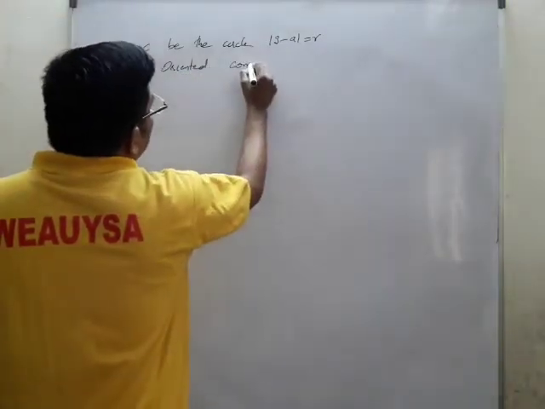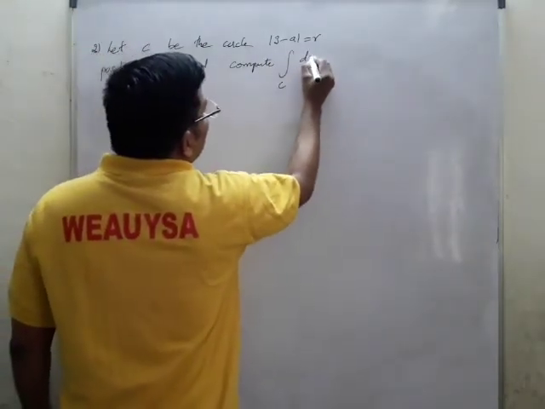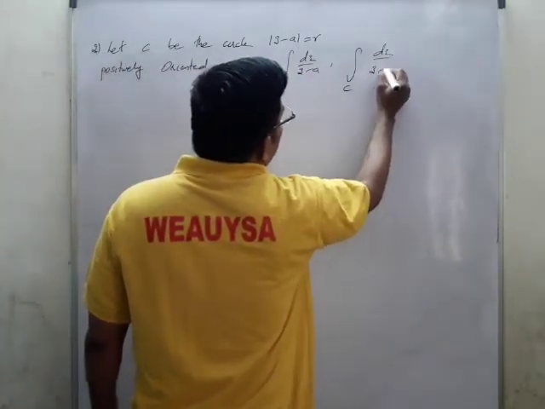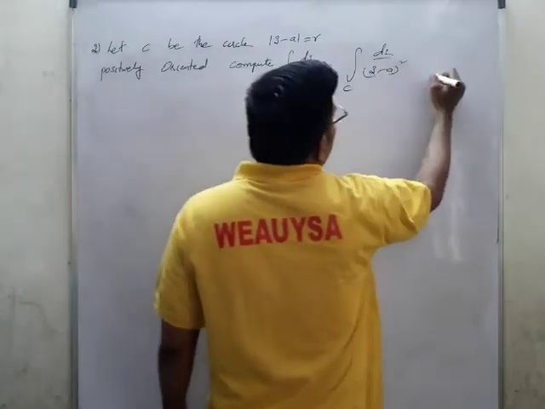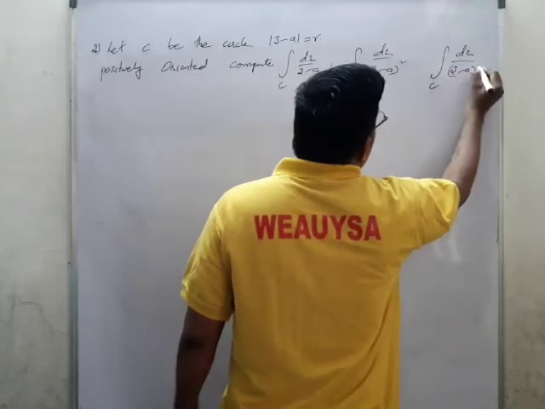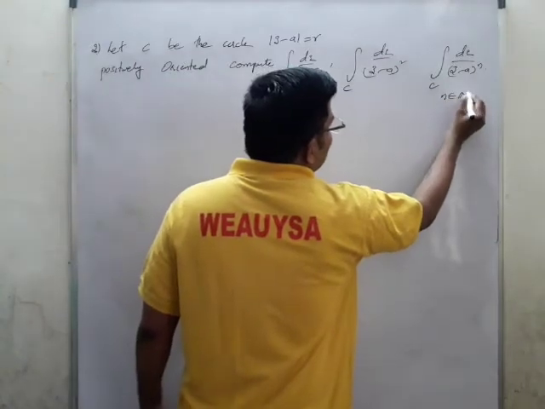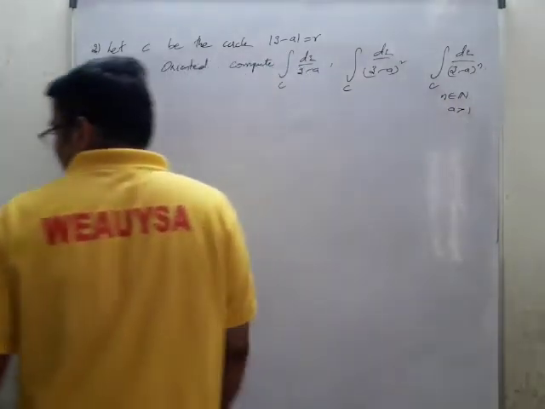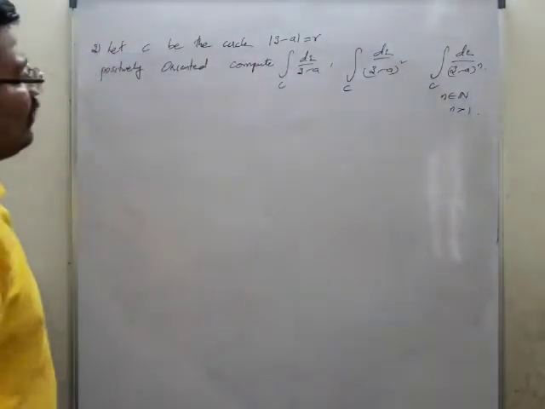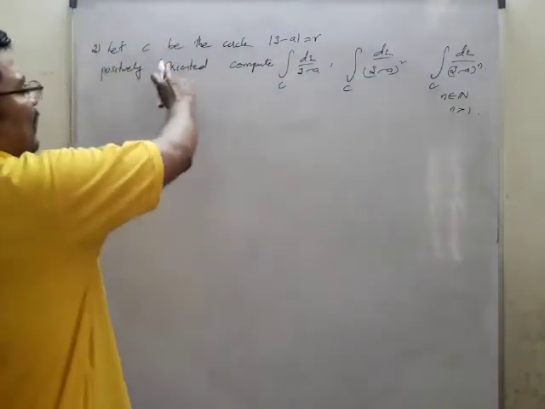Now we need to compute integral over C dz by z minus a, integral over C dz by z minus a whole square, and integral over C dz by z minus a whole power n, where n belongs to the natural numbers and n is greater than 1. Now we need to find all these values. Very simple, you should understand it is given as a circle.